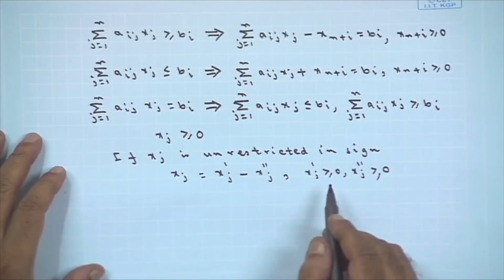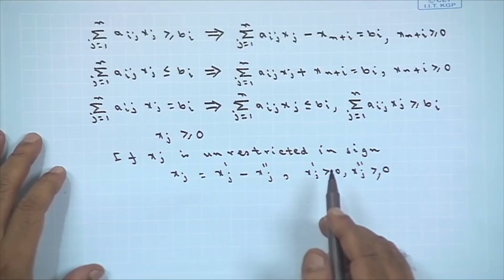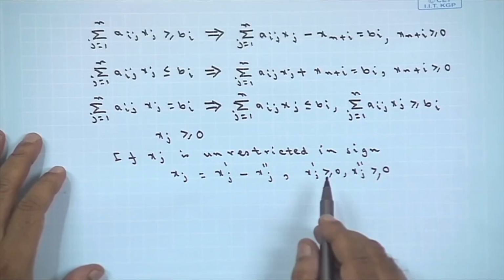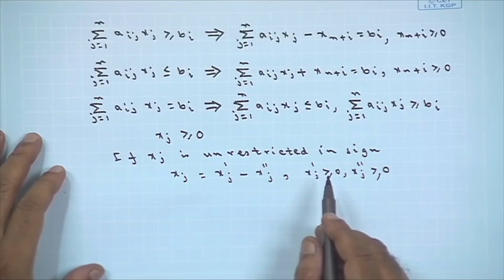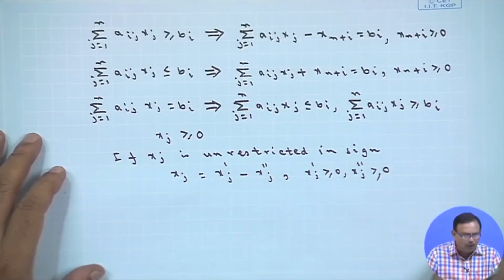So, these are the basic formulations. In formulations, if we have different types of constraints or some problem in the decision variable, we can convert it into the standard form and try to find the solution.